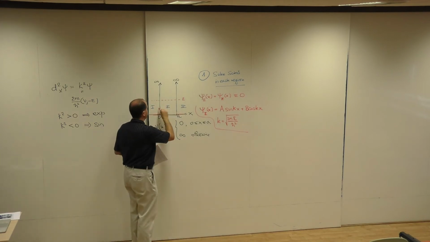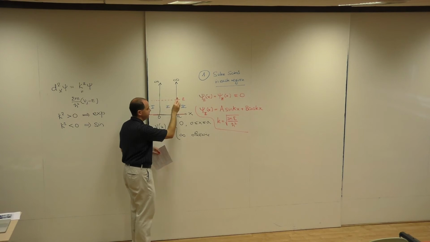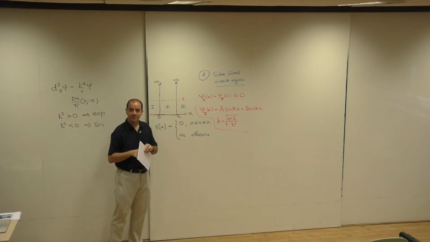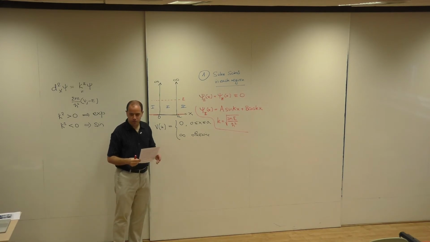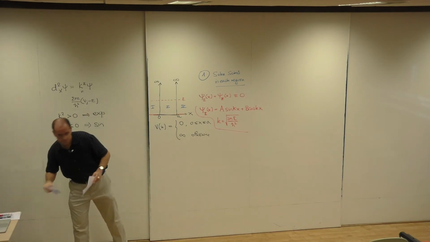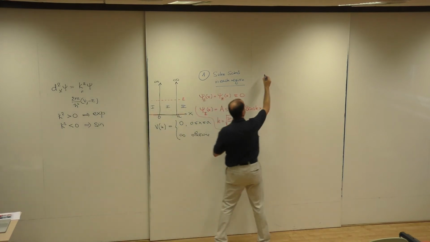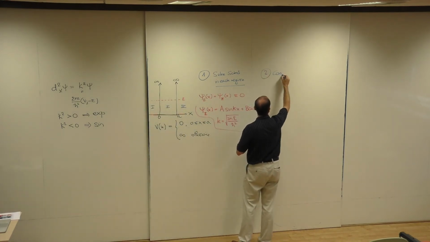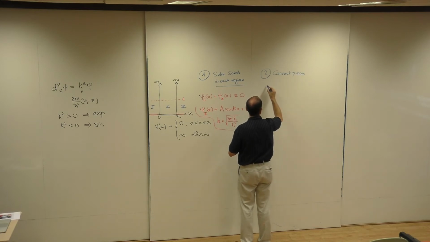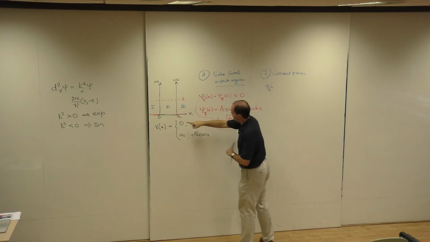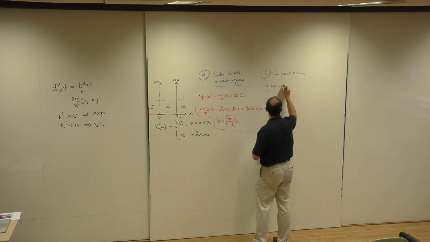So here in between, we have some sinusoidal form. Now, how does that look? Well, now it's very simple. Remember I told you that we have to connect the pieces. Step number 2, connect the pieces. And the rule was that psi 1 at 0 should be equal to psi 2 at 0.